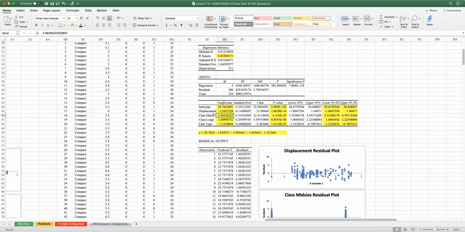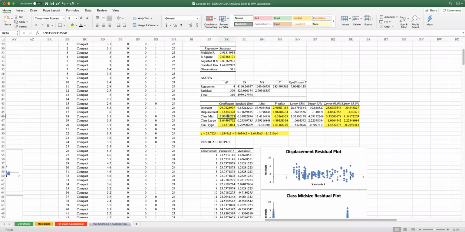And then midsize cars, holding displacement constant, get more gas mileage than compact cars having the same level of displacement. Same thing here, the large cars get more gas mileage than compact cars relative to the same size of displacement. So holding displacement constant, the large cars do better.